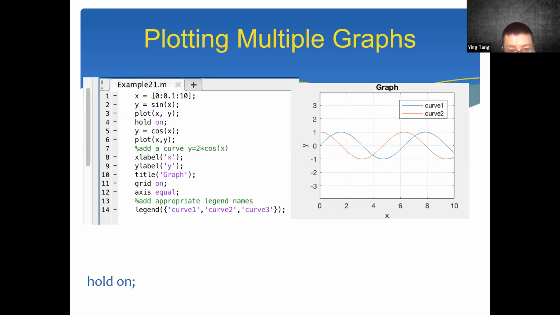And the task here is to add another curve such that it can plot three curves, curve 1, 2, 3. And the third curve, you can plot y equal to 2 times cosine x. Please do this in example 21.